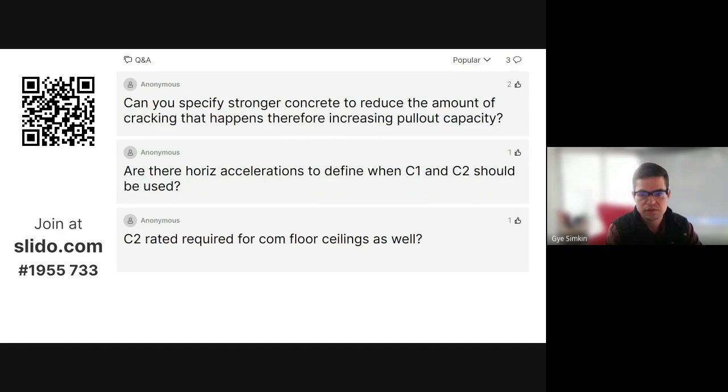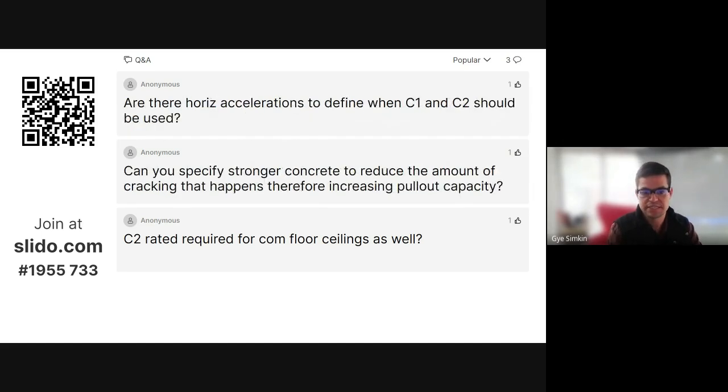At the moment, I know C2 are being used for your ceiling braces. It would be an interesting thing to look into the gravity hangers for com floor. So I don't have an answer for that part. I'll have a look into that, and we can clarify that in the LinkedIn post afterwards. Great question.